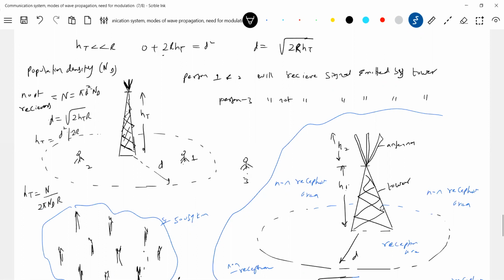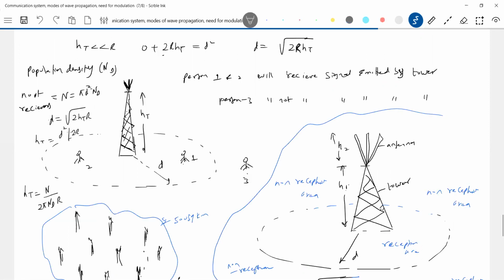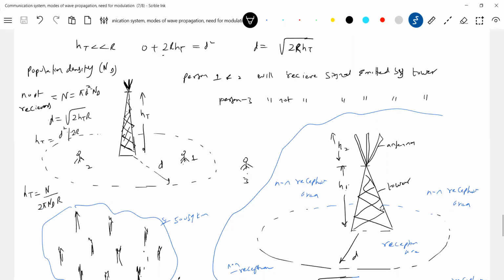Then h_T equals d square by 2R. So what should be the height of the tower needed? In place of d square, I'll write N by pi n_D. So what should be the height of the tower? It depends on the number of receivers, the population density, and this particular formula.